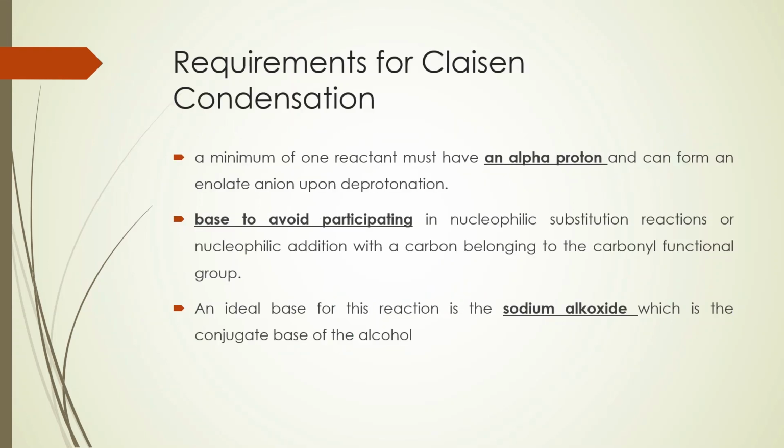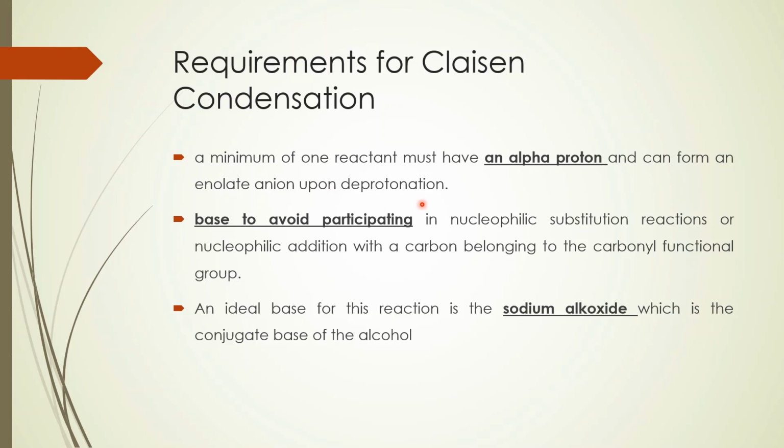Now, there are some requirements for Claisen condensation. The first requirement is that a minimum of one reactant must have an alpha proton and can form an enolate anion upon deprotonation.